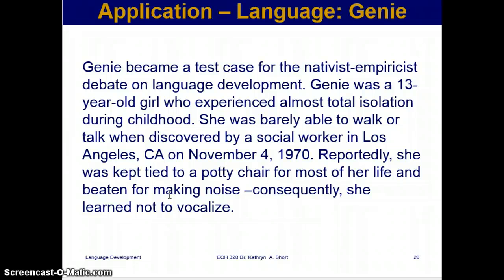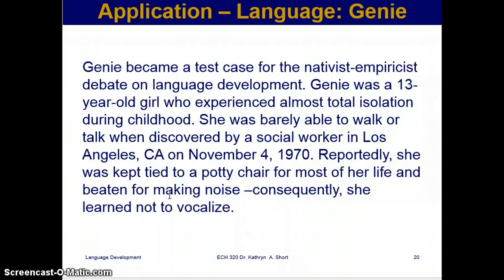So application, language, Genie. Okay, now this is a story that I'm going to read to you. Genie became a test case for the nativist debate on language development. Genie was a 13-year-old girl who experienced almost total isolation during childhood.